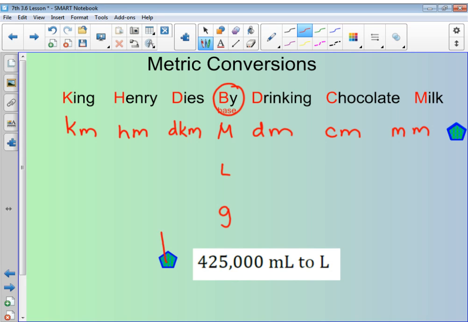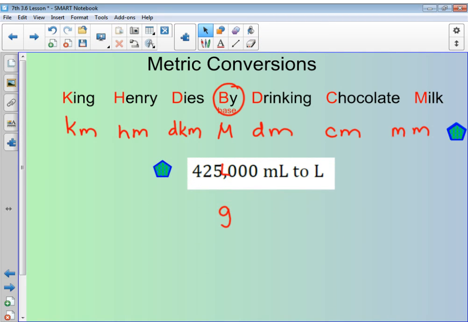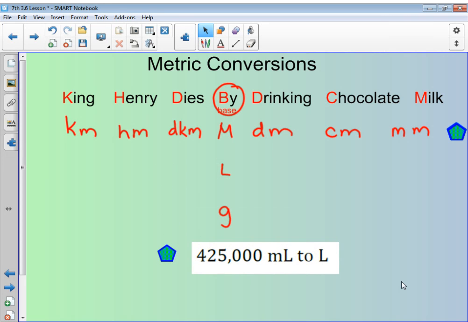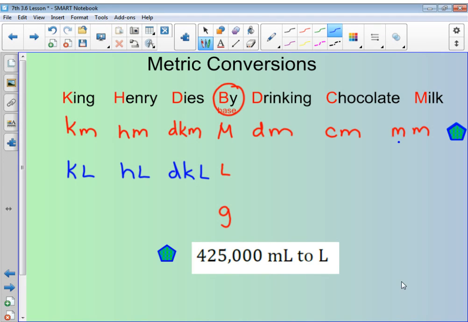I do want you to realize that as we work through these, although in this one I am working with milliliters to liters, wherever I have an M is the same as having an L, with the exception of this M here, which would remain an M. But here I could just rewrite this one as KL for kiloliters, HL, DKL, DL, CL, and ML for milliliters.